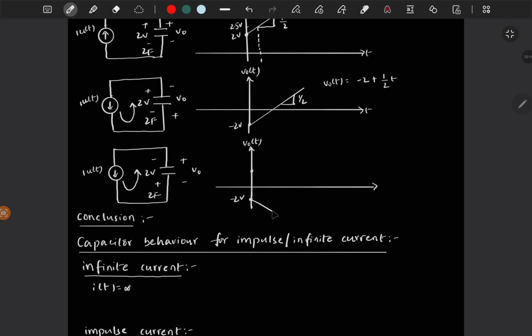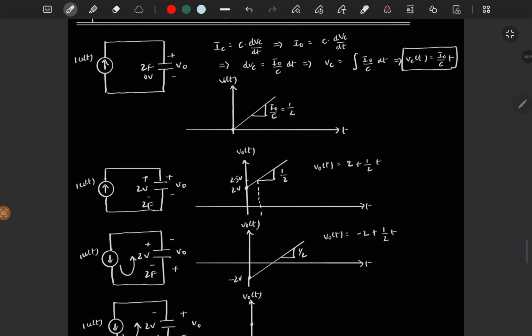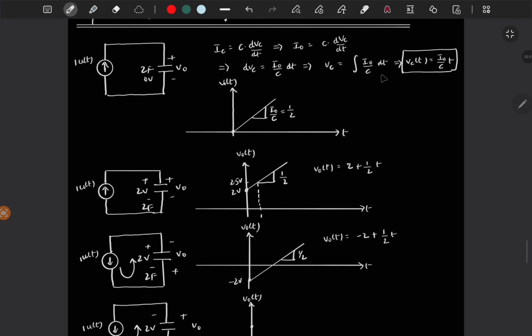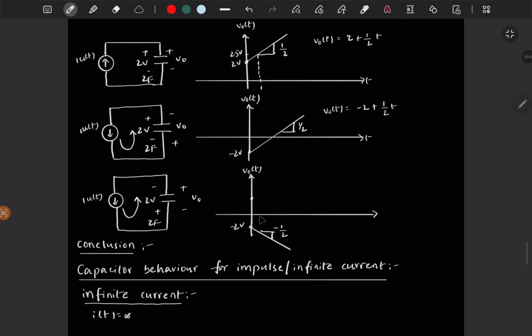To get the negative slope, it should look like this. So this has a slope of minus I by C, which is 1 by 2. I by C is the capacitor voltage slope, right? The voltage across the capacitor has a slope of I0 by C if we pump constant current through the capacitor. That's why I am saying for every time the slope is I by C, which is minus 1 by 2. So you understand this one, right?